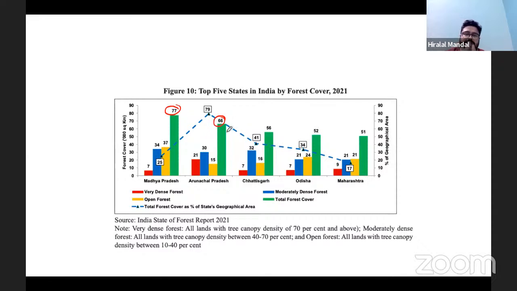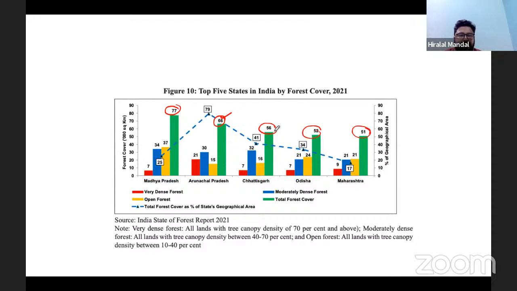So this is what you can see in absolute terms. It is Madhya Pradesh which is highest, and then Arunachal Pradesh 66%, followed by Chhattisgarh, and then Odisha and Maharashtra. This is what you can see in terms of the absolute number.